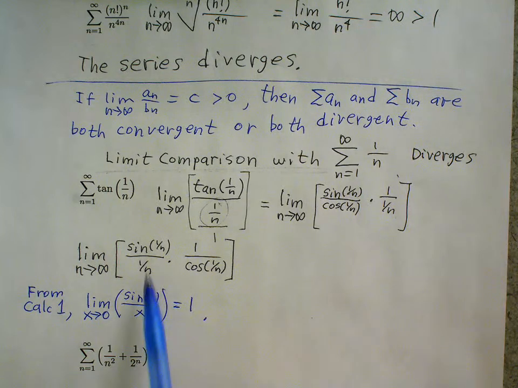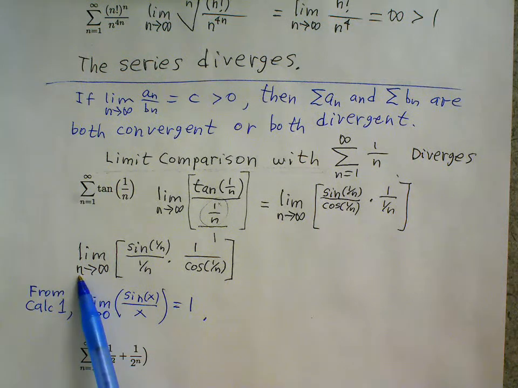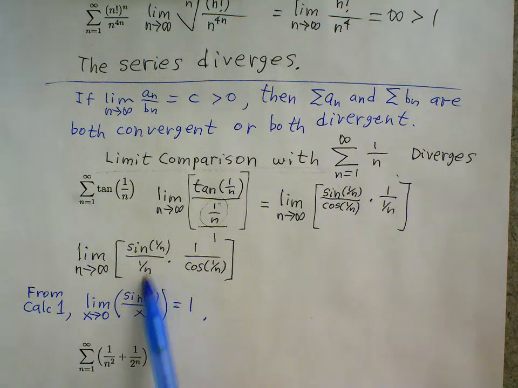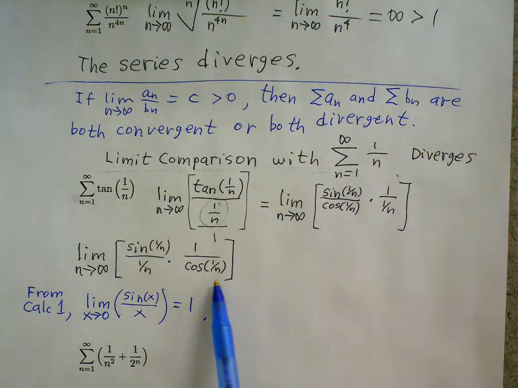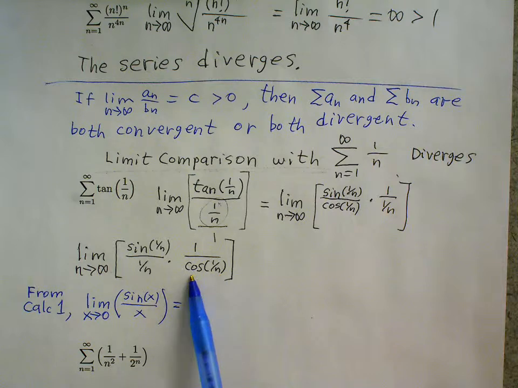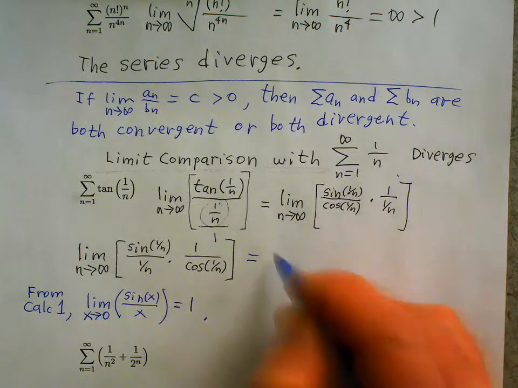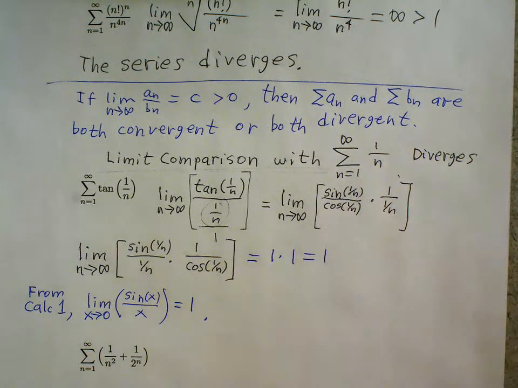So that's what we have here, because as n goes to infinity, 1 over n goes to 0. So the limit of sine of 1 over n over 1 over n is 1. And 1 over n goes to 0, and cosine of 0 is 1. So this limit is 1 times 1, or 1.